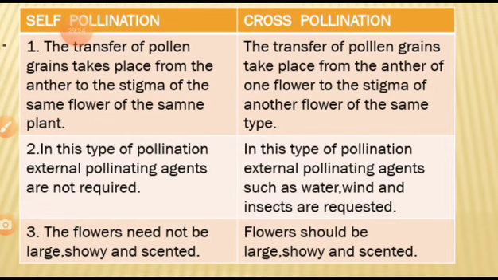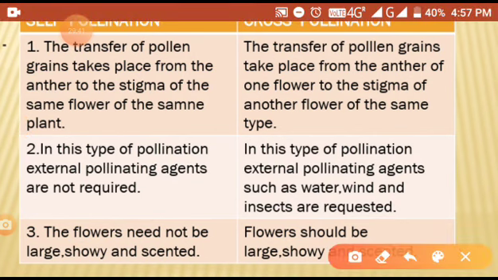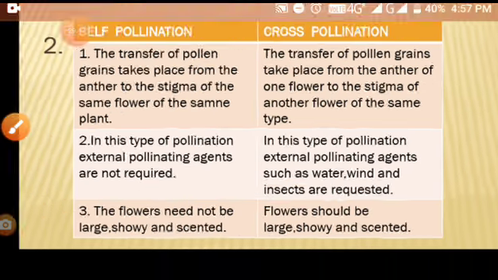And in cross-pollination, external pollinating agents such as water, wind and insects are required. Third, the flowers need not be large, showy and scented. Flowers should be large, showy and scented. So this is the difference. Here is also one error. It is required. You can write it required. I hope it is clear to you.